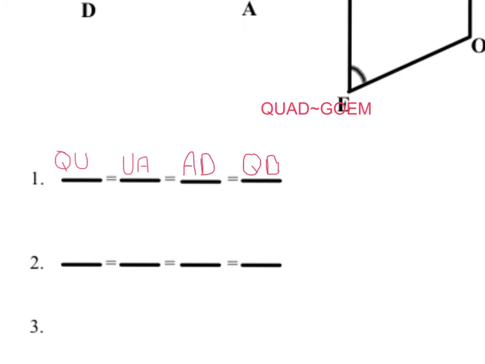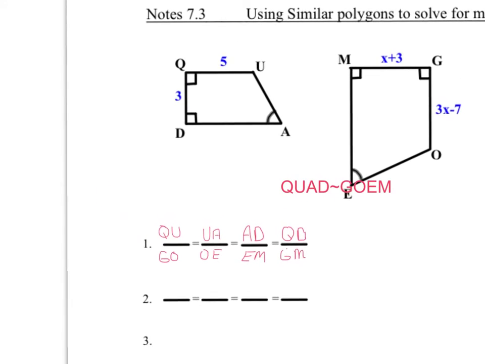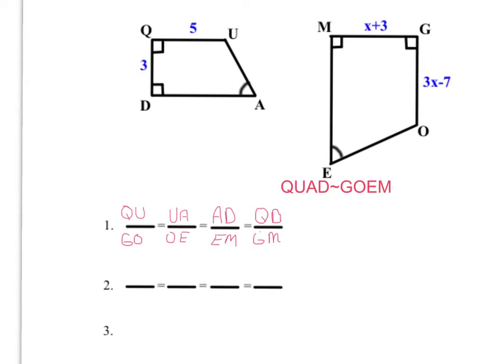Following that same pattern on the bottom, I will use GO, OE, EM, and then GM. That will allow me then to simply match up the numbers on our diagrams and just substitute in.